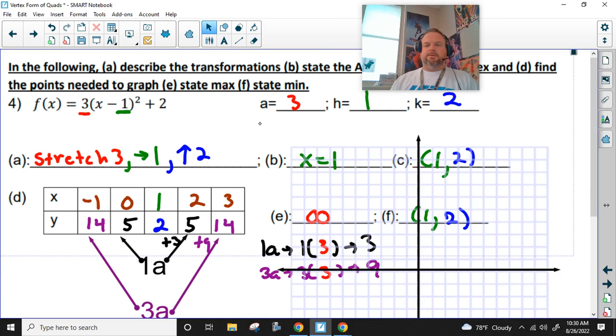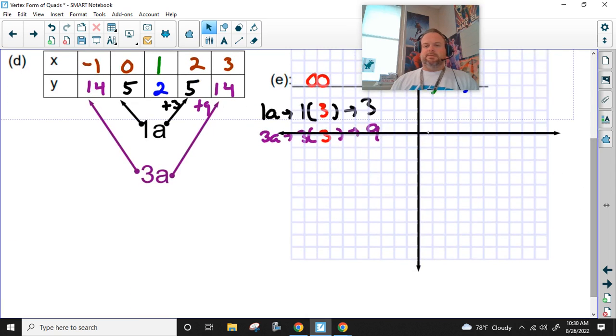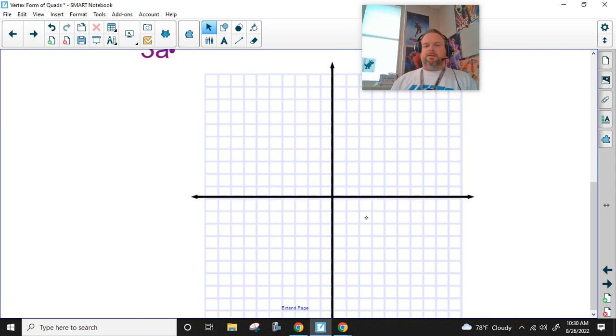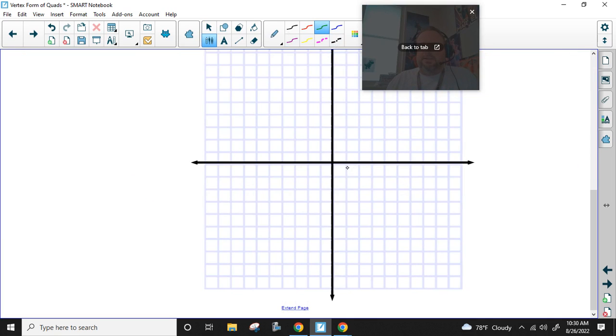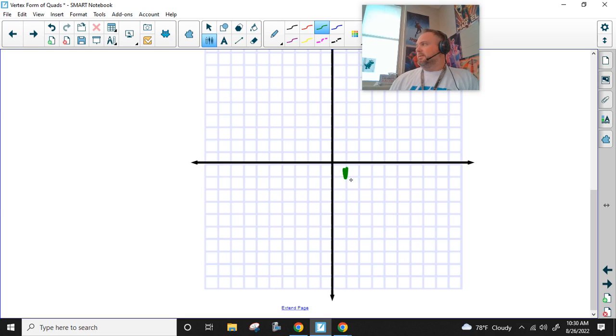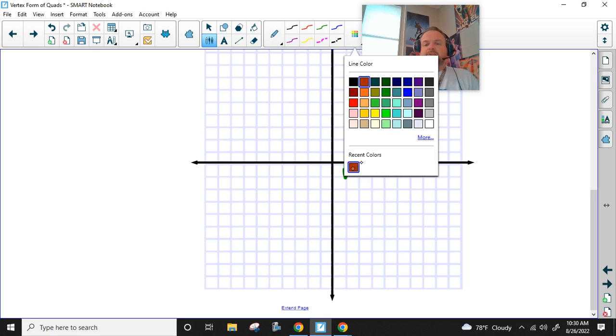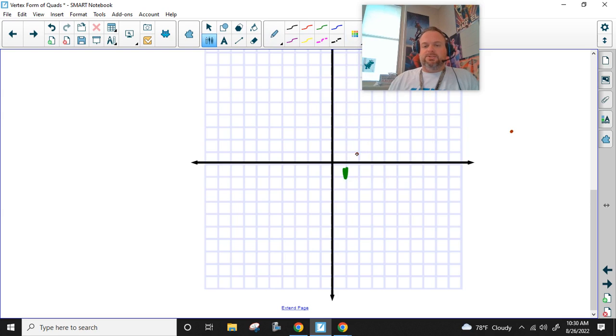If this is 1 right here, to the right of that, this would be 2 and 3. To the left, this is 0 and then -1, like on the X number line.